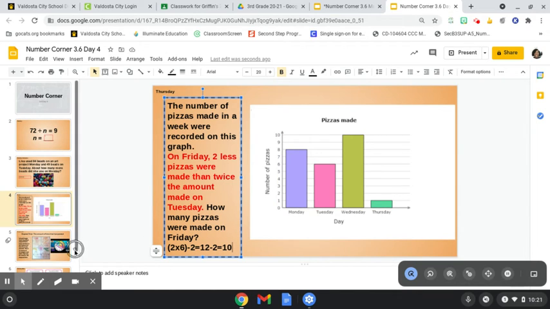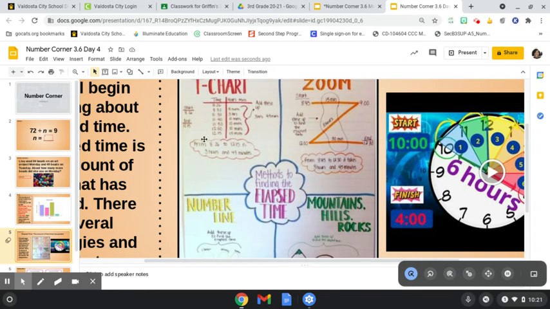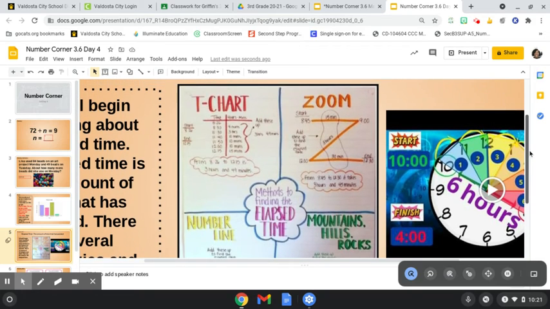All right, let's look at the next slide here. We will be beginning to learn about elapsed time, the amount of time that has passed. Elapsed time is the amount of time that has passed. There are several strategies and tools that can be used to tell elapsed time. And there's a video here for you to watch. But to figure out elapsed time, we can use a T-chart.